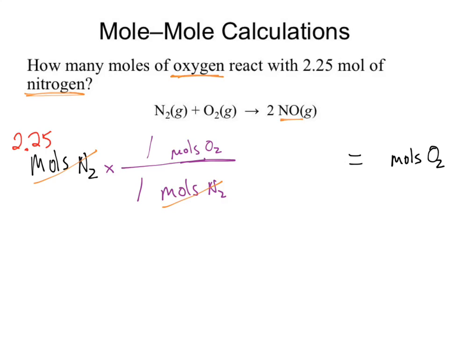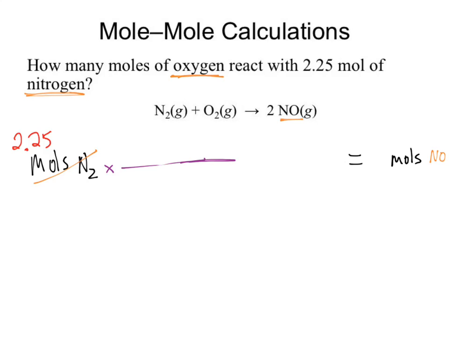Okay. Should we make it a little more challenging? Before we make it really challenging, which is, I think, the next problem, I want moles of nitrogen monoxide. We're still starting with 2.25 moles of N2. Does that equal moles of nitrogen monoxide?